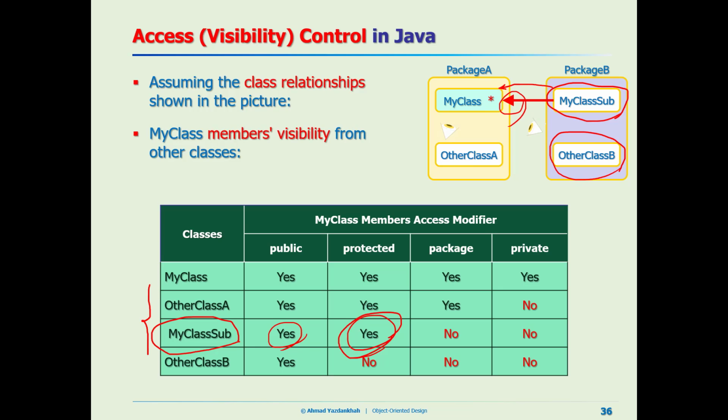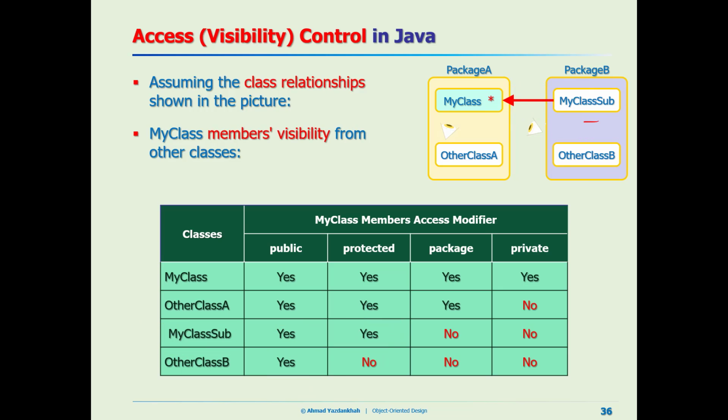This guy is in another package, and it can only see the public ones here, right? Other class B in this row, you see, it just can see the public guys. All right. So this is the difference between inheriting a class and not inheriting a class.